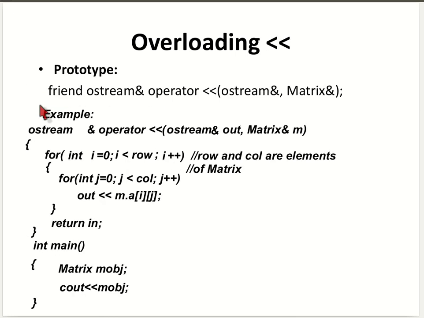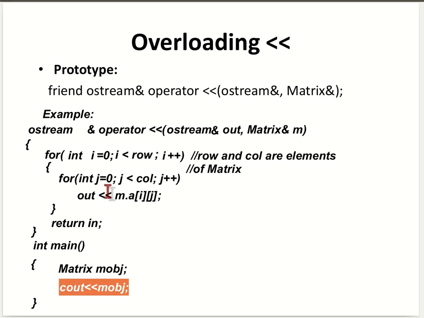Here is the insertion operator, where we are using friend ostream. In the previous case we used istream; here we are using ostream. It is nothing but printing: m.a[i][j], we are printing it directly to the standard output.